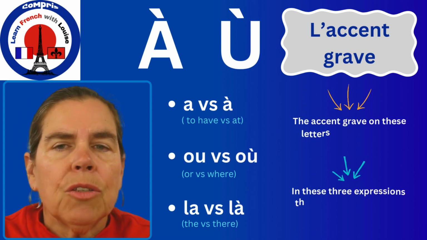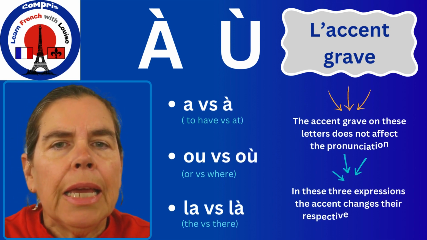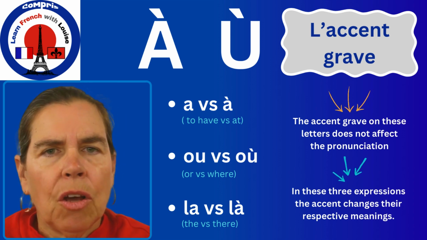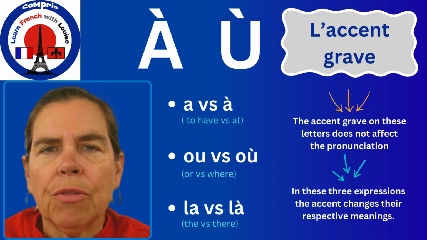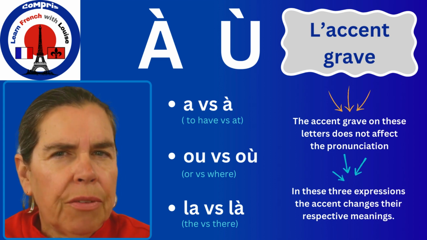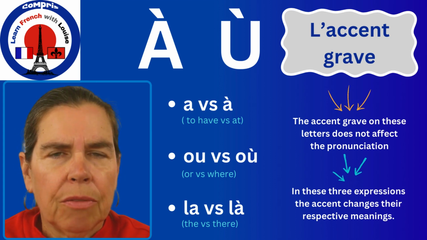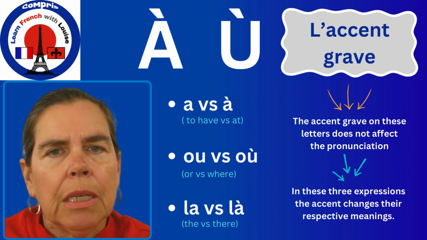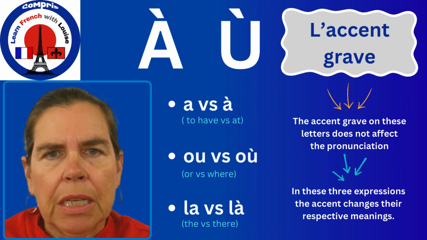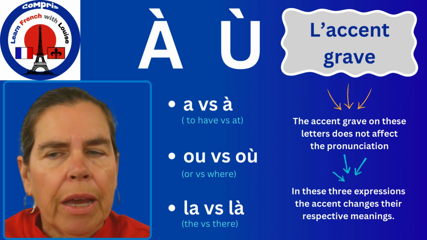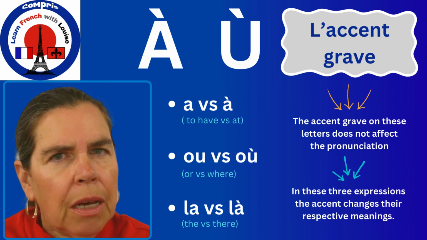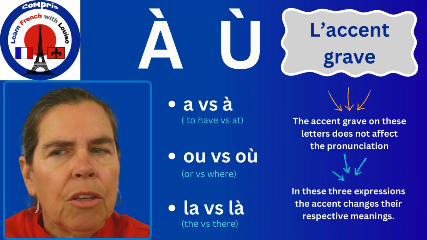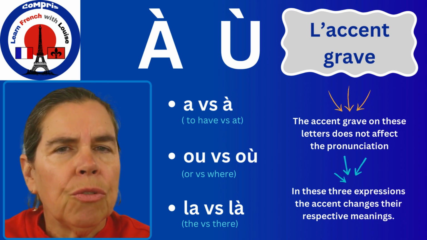L'accent grave can also be used on the letters A and U. It will not have any impact on the sound of these letters, but it does have an impact on their meaning when they're used in a word context. If we look at the three examples given here, when I have an accent grave on an A, the meaning changes from to have to at.